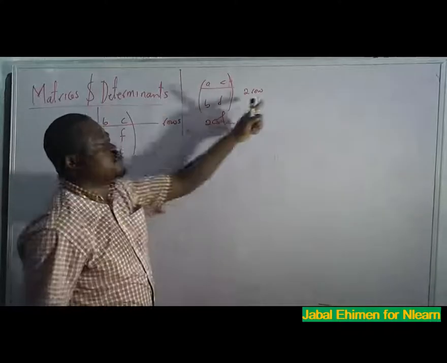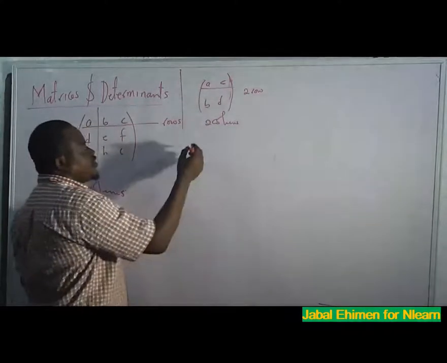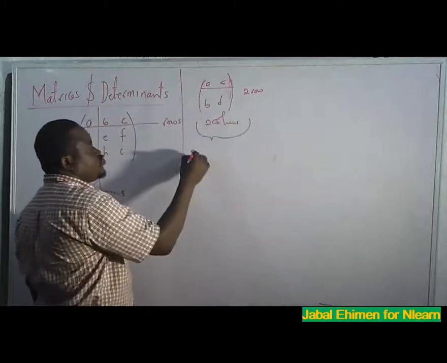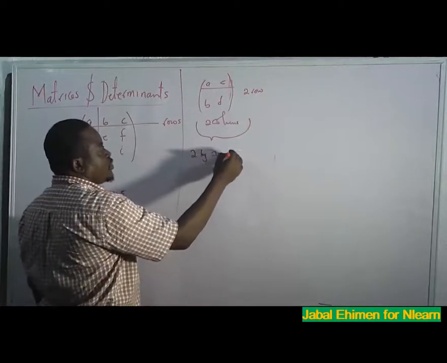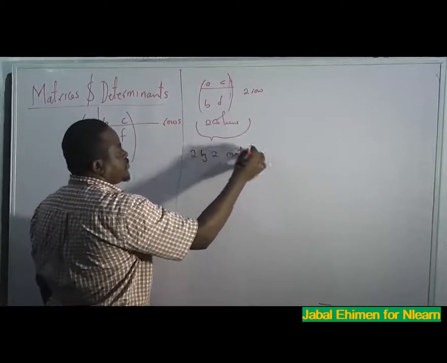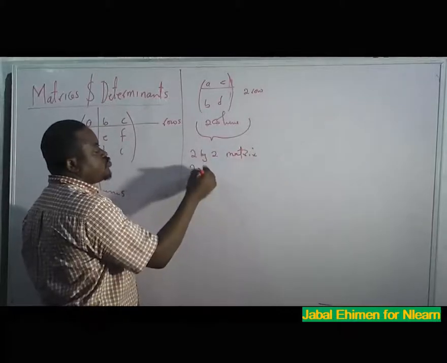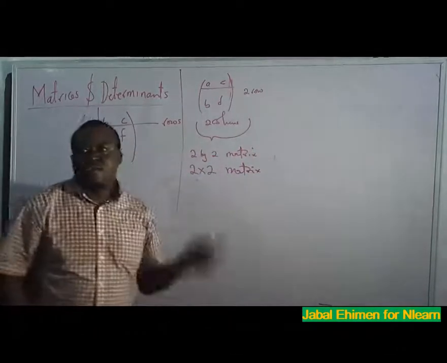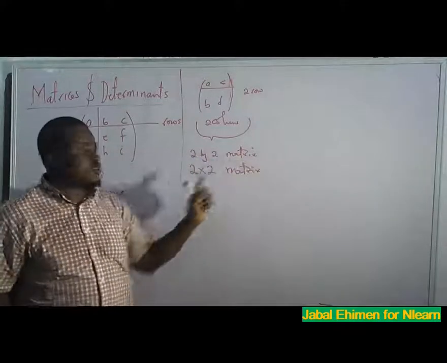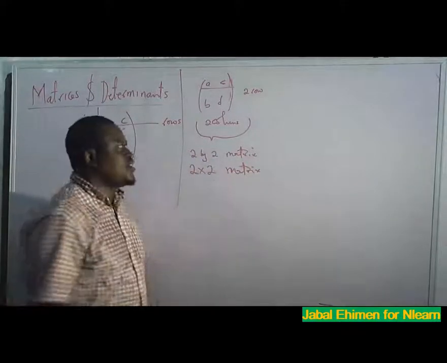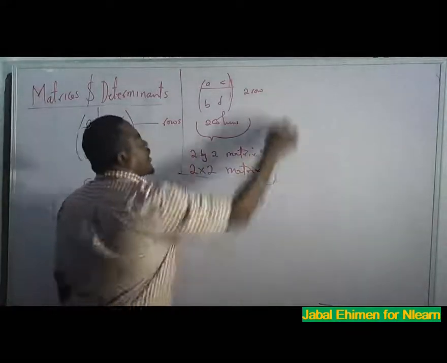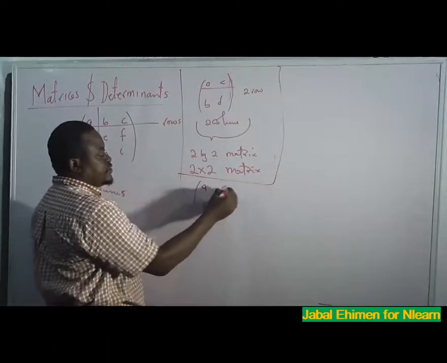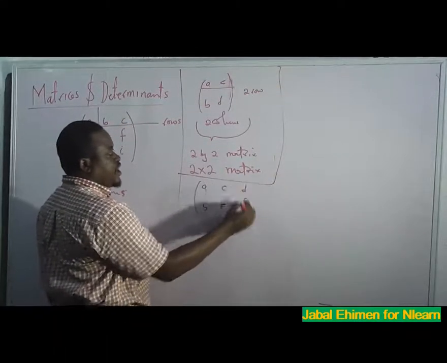Because it has 2 rows and 2 columns, it is called a 2 by 2 matrix, or you can call it a 2 times 2 matrix.